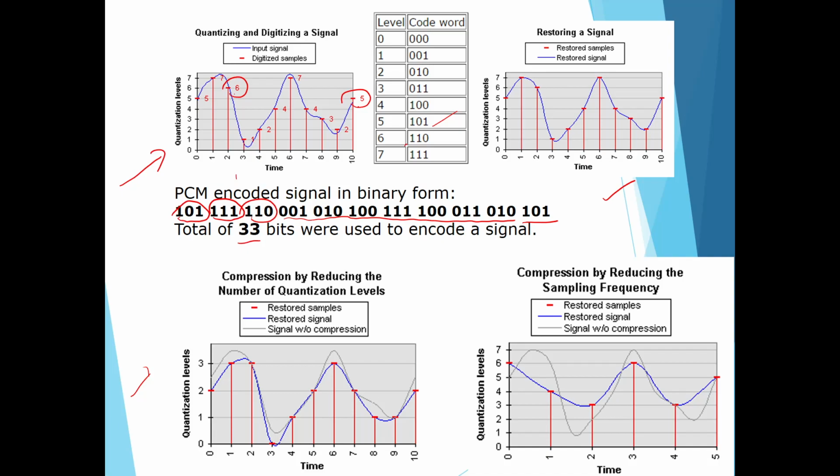There are actually many methods for compression. In this example, it shows two: compression by reducing the number of levels, which is the picture on the left below, and compression by reducing the sampling frequency on the right. So these are the methods of compression. Ada pelbagai kaedah compressions.